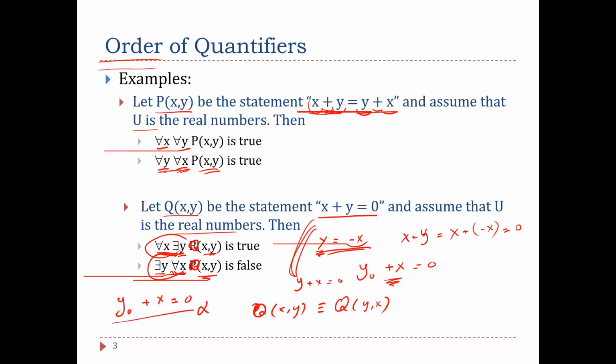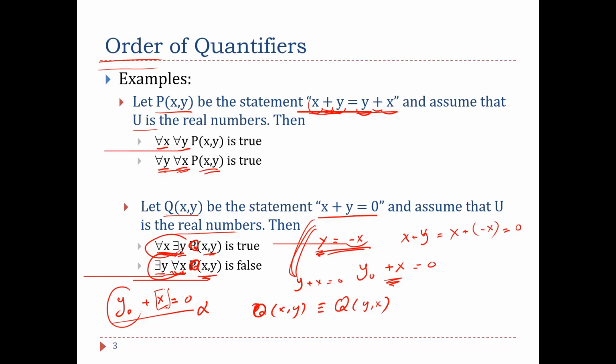There is no such magical y0, so that when you sum it up with any other number, you would get 0 at the end. Only one x would apply, which is minus y0. If y0, let's say, is equal to whatever number, like 5, and you sum it up with minus 3, you won't get 0.